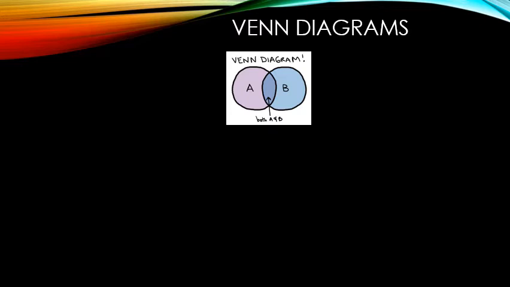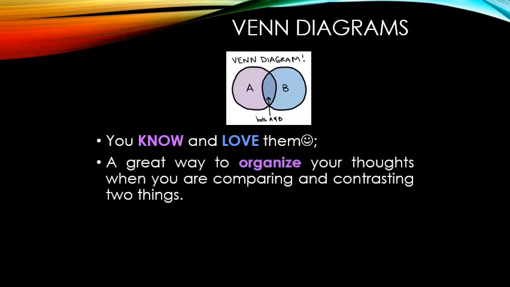This is where we're comparing. But on the sides, we have to state the differences because we're contrasting. It's a great way to organize your thoughts when you are comparing and contrasting two things. So the Venn diagram is very important when we want to organize our ideas.